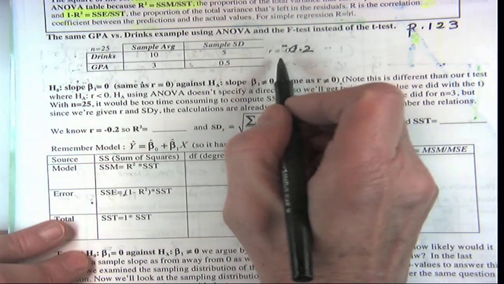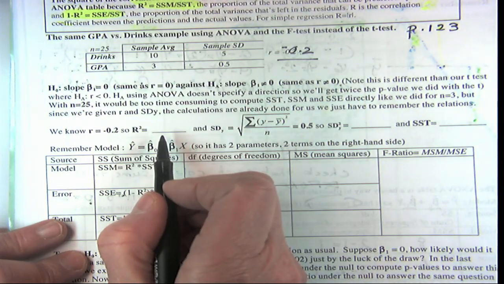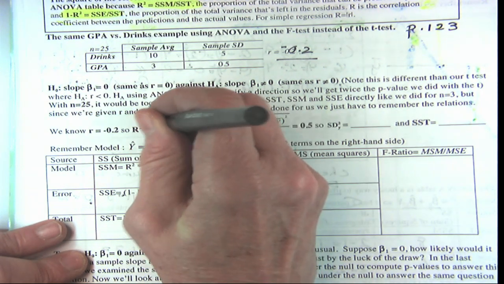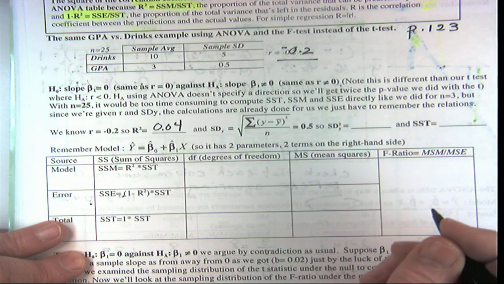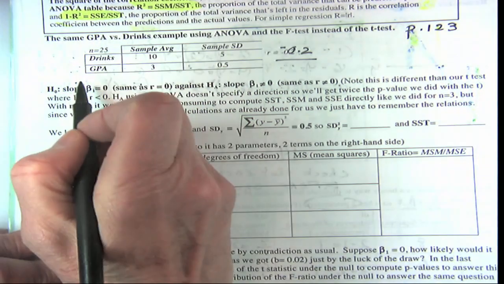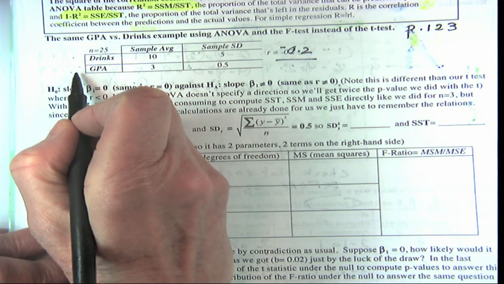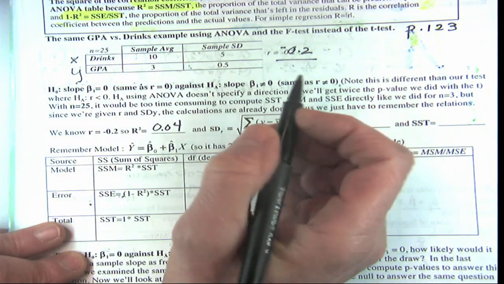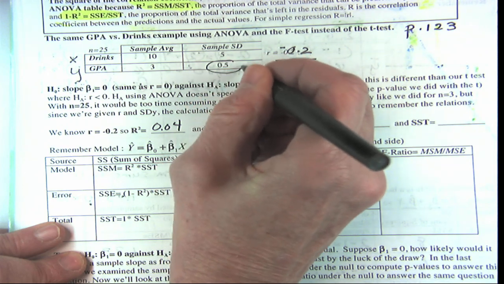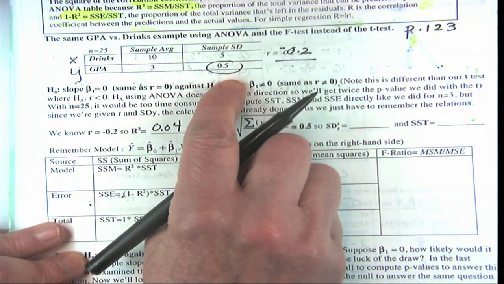If we have r here, and we square it, we'll get 0.04. And if we know right here, this is what are we predicting from what? We're predicting GPA from drinks. So this is X and this is Y. So we know the sample standard deviation.